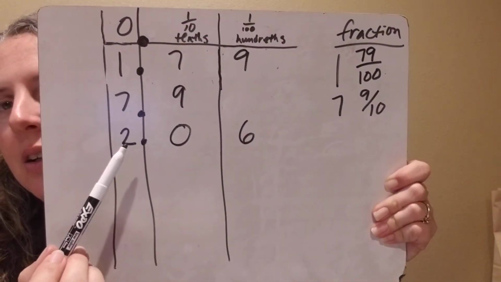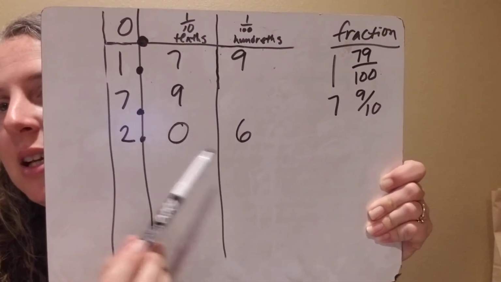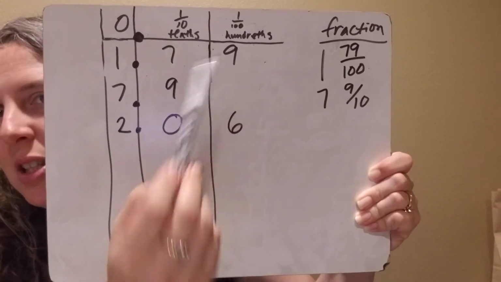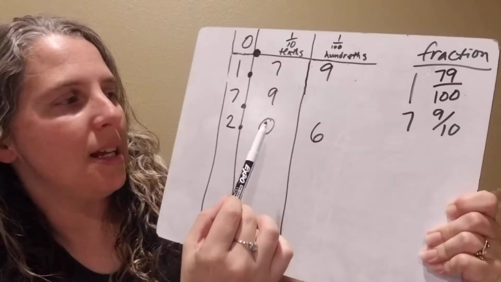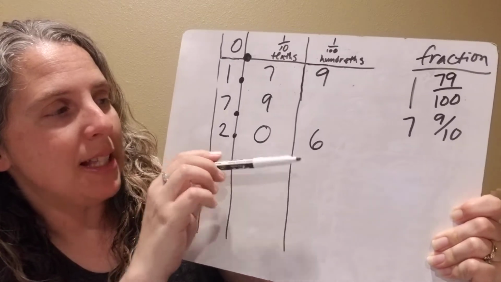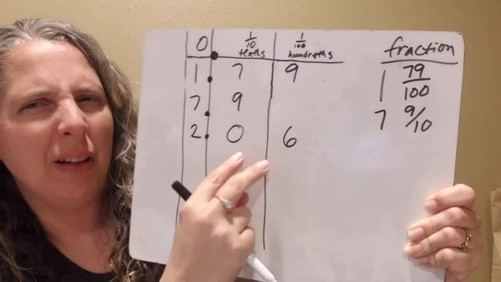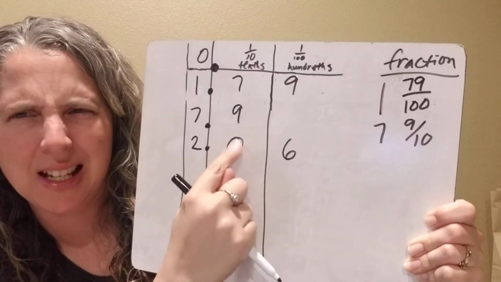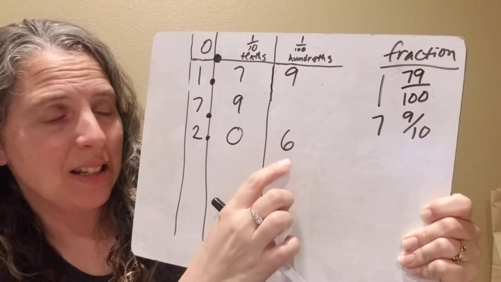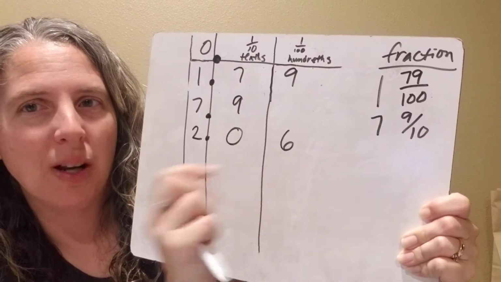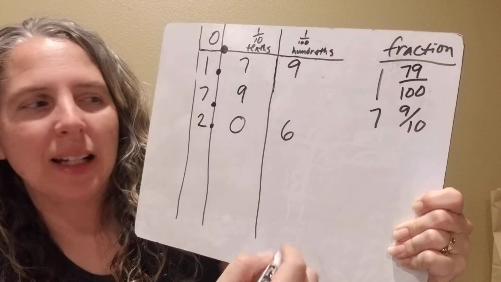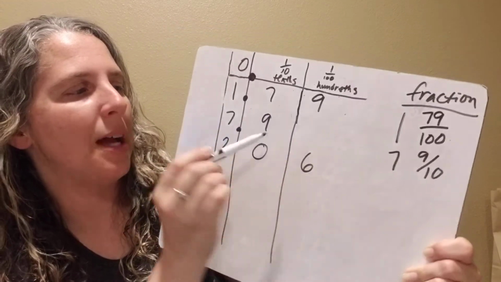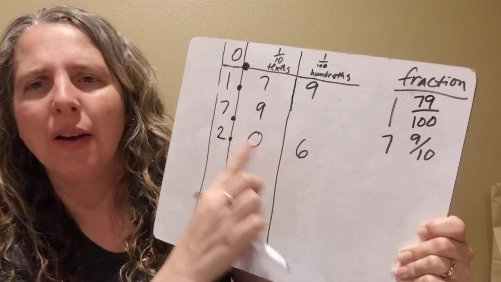Read that. 2 6/100. You read it as the number it is. The only time we really see a 0 by accident in front of just a 1-digit number is when you're subtracting. Sometimes you subtract something and you have the 0 and you go, oh, I don't need it there.